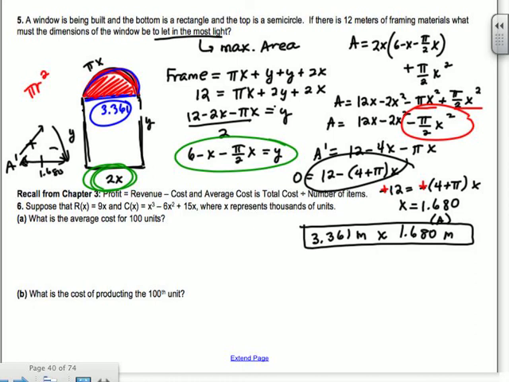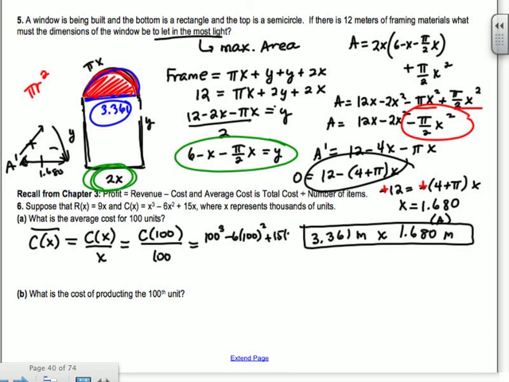So average cost, remember that's C bar. So it's your total cost divided by your number of items. So your average cost for 100 units would be whatever C of 100 is divided by 100. So you find C of 100. You do 100 cubed minus 6 times 100 squared plus 15 times 100, divided by 100. You can make it easier by taking the 100 into each piece. Do you see how I'm shortcutting this?